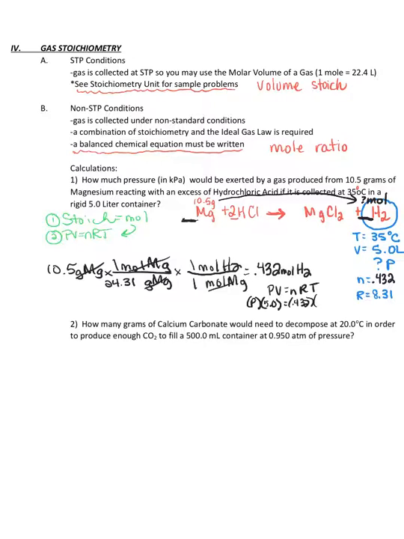R is 8.31. T, I have to make it in K, so I add 273, which makes it 308. And I end up with a pressure of 221 kPa.